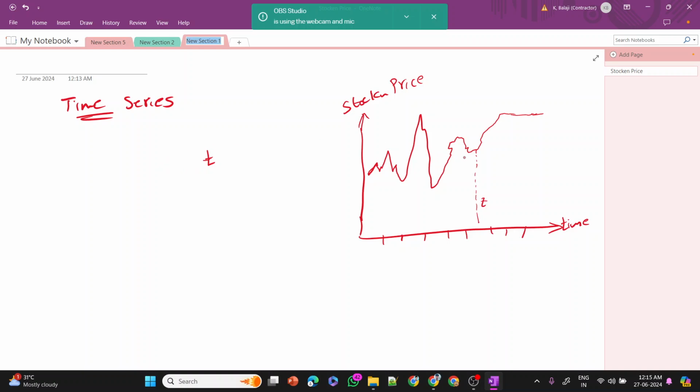Let's split this time in a specific limit like this, and this time period is taken as t minus 1. This time period is taken as t minus 2. This time period is taken as t minus 3.